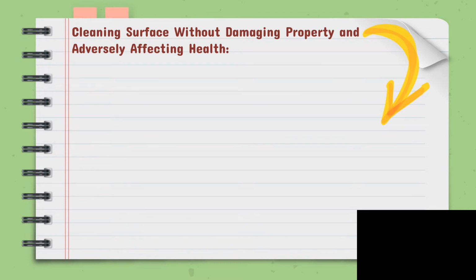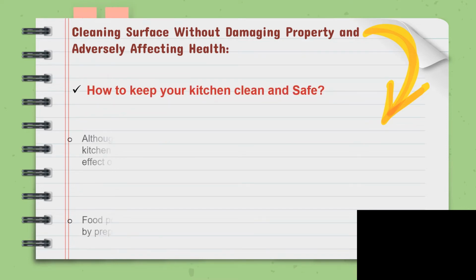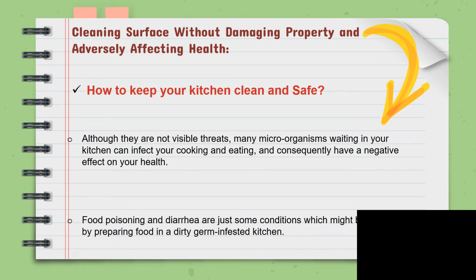So, dapat na protected din daw tayo. So, yan. How to keep your kitchen clean and safe. So, although they are not visible threats, many microorganisms waiting in your kitchen can infect your cooking and eating, and consequently have a negative effect on your health.